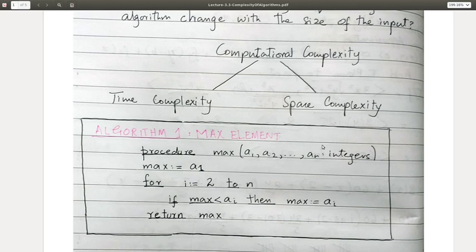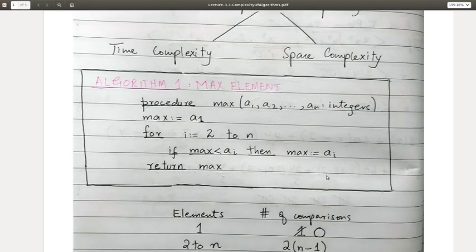Okay, so coming back to the maximum element, what we're looking at is comparisons. How many comparisons do we need to make? Let's consider what's happening in different steps. Firstly, it sets the maximum element to A1. Then it enters this loop for i equals 2 to n and executes the steps.